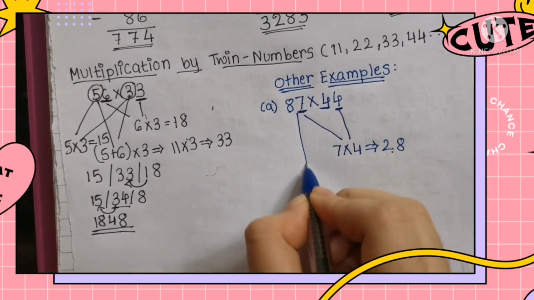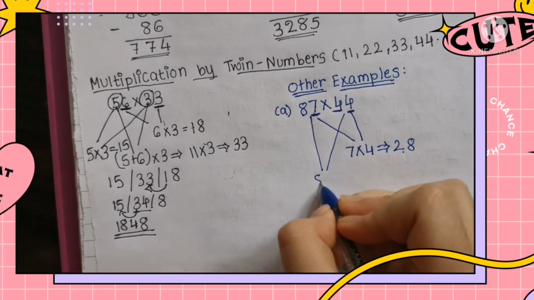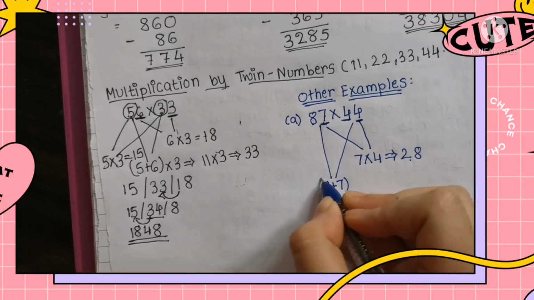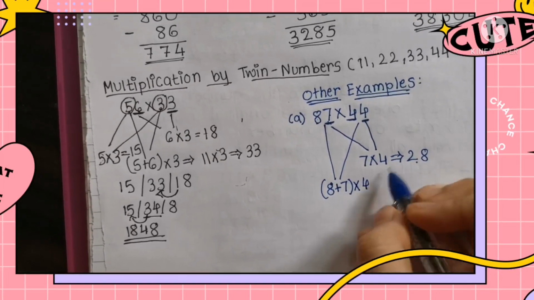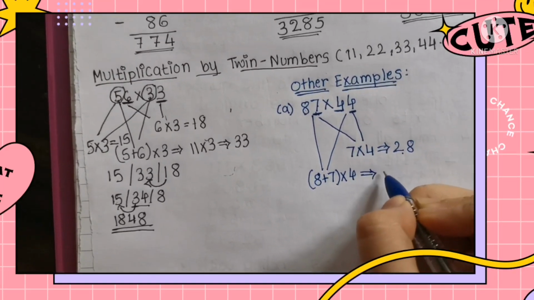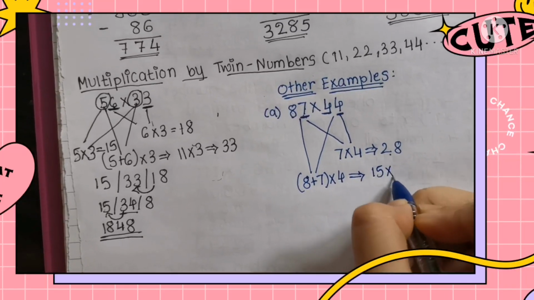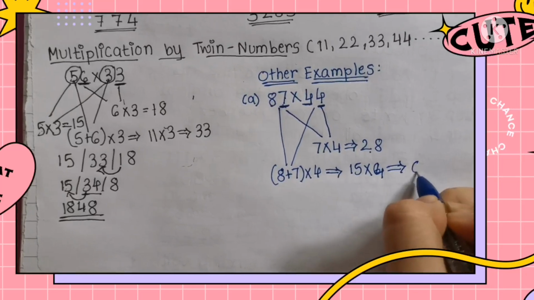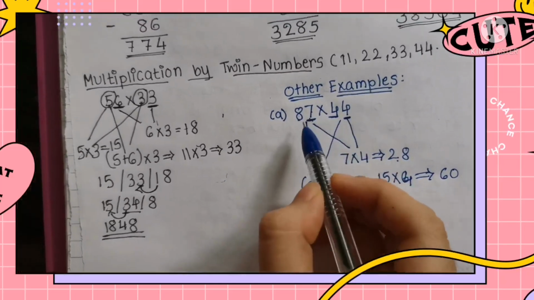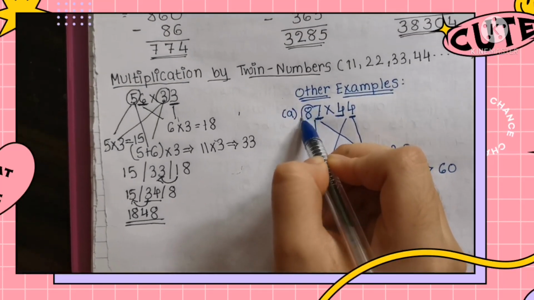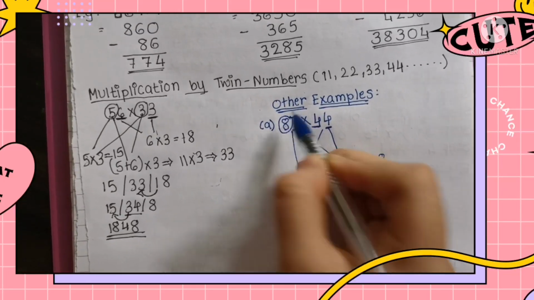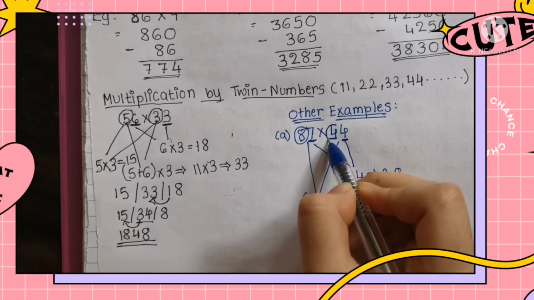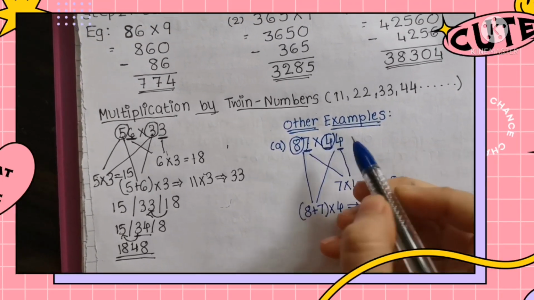So doing this we get 8 plus 7 into 4, which is 8 plus 7 is 15, into 4, which is 60. Now our last step, multiplying the tens digit of 87, which is 8, to the tens digit of 44, which is 4.